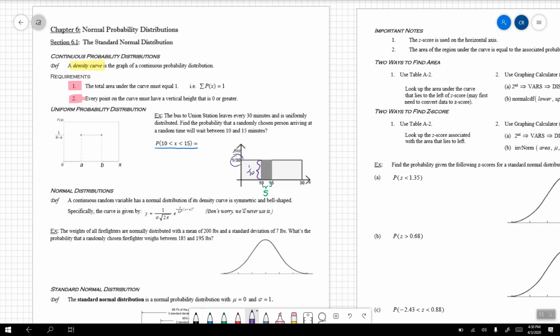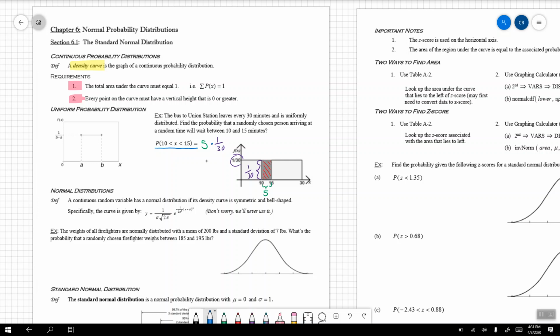Now, in order to find the probability, that just means in our terms that we need to find the area of that rectangle. Well, how do we find areas for rectangles? We multiply length times width. And in this case, it's going to be 5 times 1 over 30. So multiplying 5 times 1 over 30, that should be 5 divided by 30.